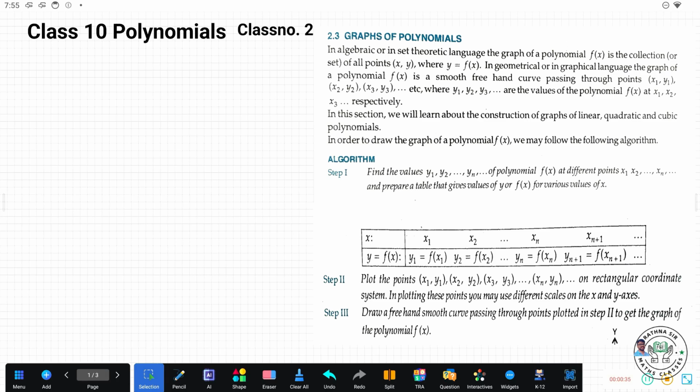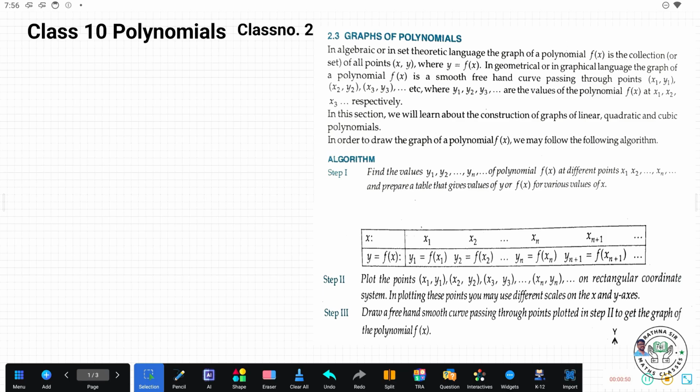In algebraic or set theoretic language, the graph of a polynomial f of x is the collection of all points x, y where y is equal to f of x.